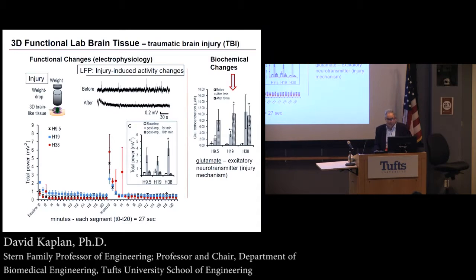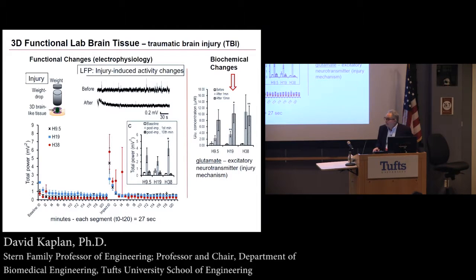So for example, if we take the brain tissue right there and we drop a weight on it to simulate brain injury, if you will, we see a change in the electrophysiological recordings with local field potential that we measure in 3D structures. We can actually measure the spiking, and it's different depending on the severity of the damage we apply to the model. So that's encouraging, and then things return to steady state after some period of time.